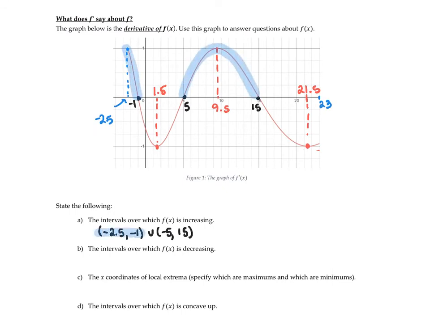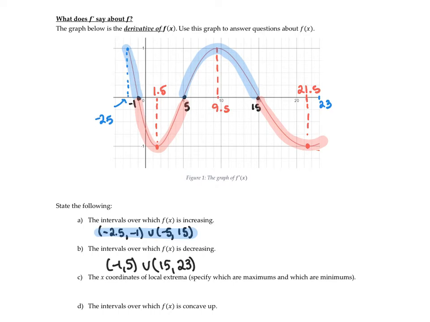So that corresponds with this interval here. And then if we want the original function to be decreasing, we are talking about the derivative's y coordinates being negative. So the derivative's y coordinates are negative between -1 and 5, and then again from 15 to the stated end of the domain, or 23.